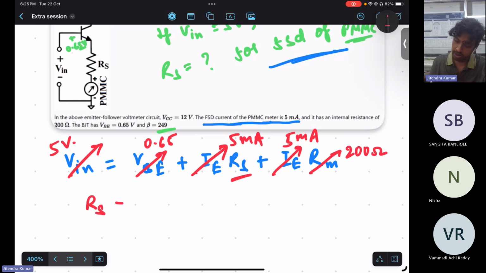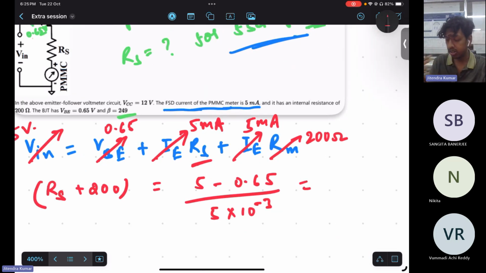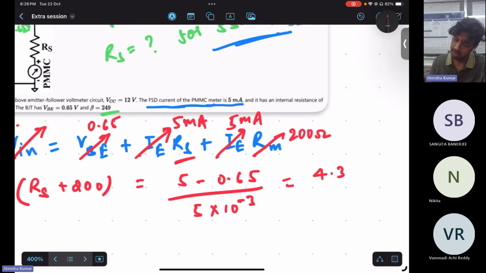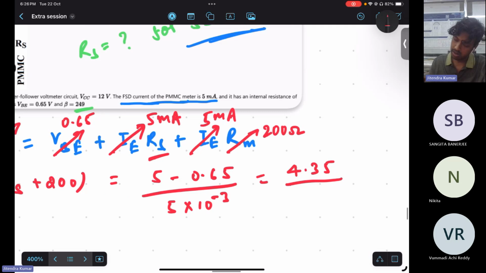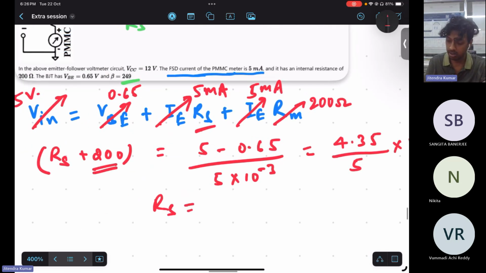I hope now it is straightforward. So RS plus 200 is equal to 5 minus 0.65, that is 4.35, divided by 5 milliampere. So RS should be that minus 200. 200 also we have to consider.